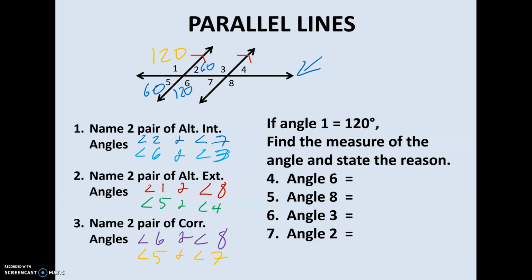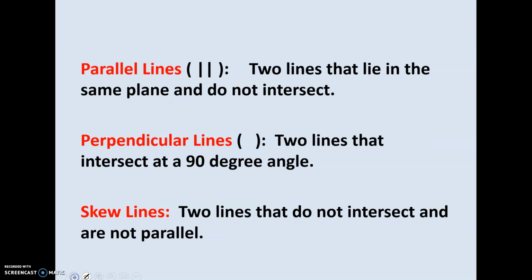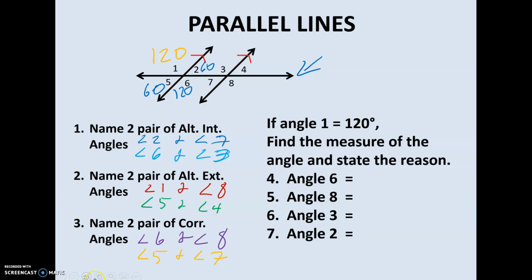But because these are parallel lines, what does that tell us? When we have parallel lines, it tells us that these special angles are congruent to each other. They are equal.